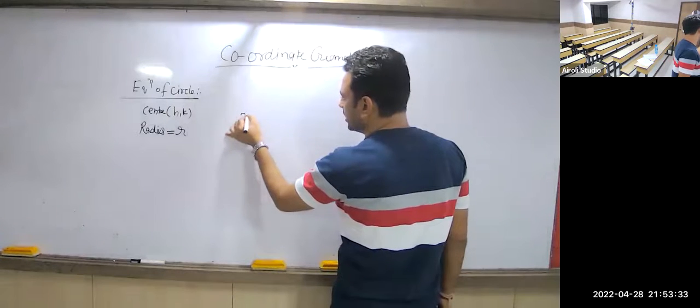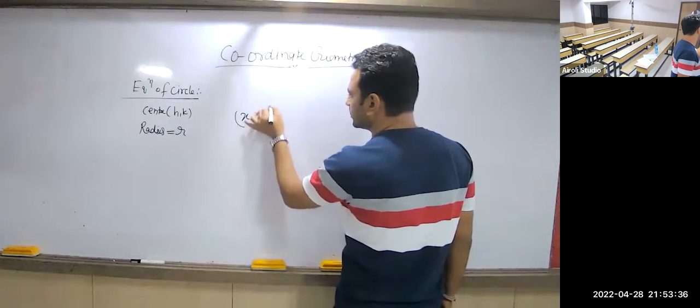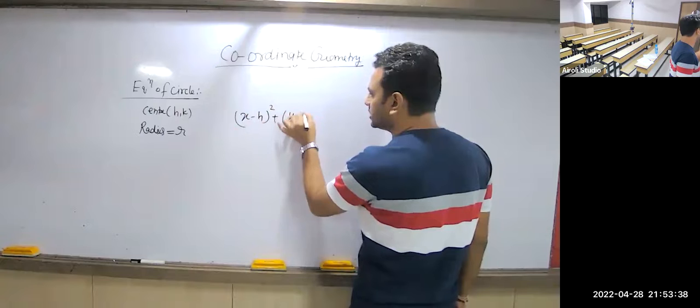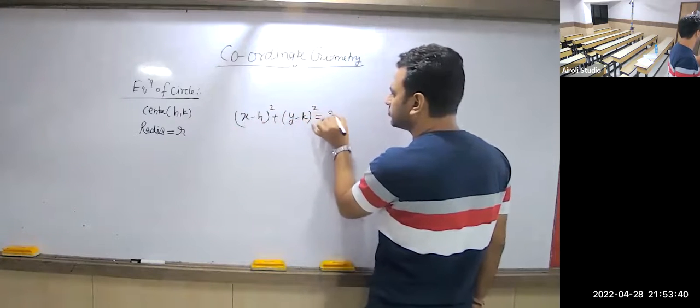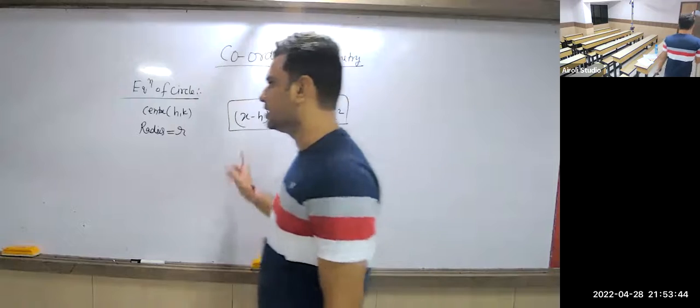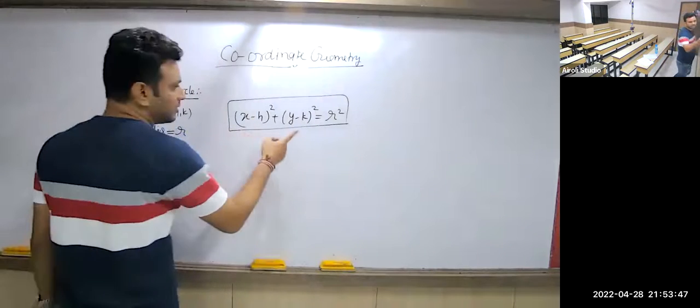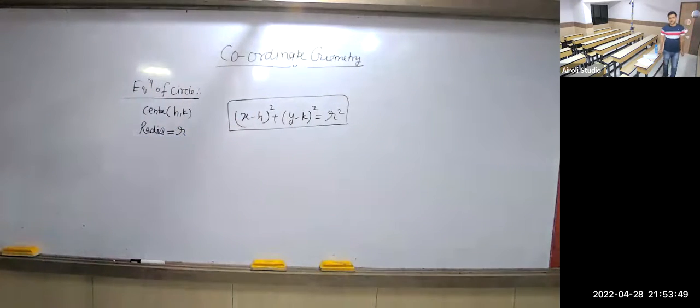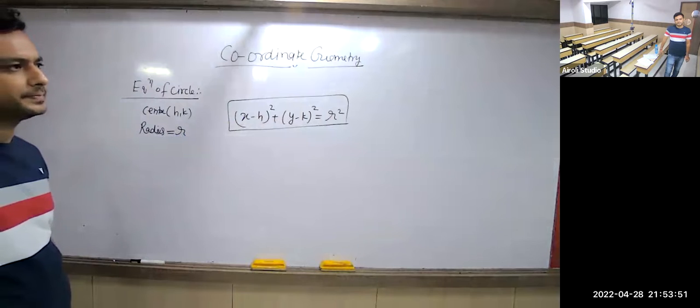It will be x minus h whole square plus y minus k whole square equals to r square. So this will represent the equation of the circle. Okay, clear?